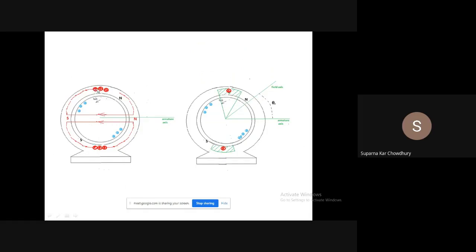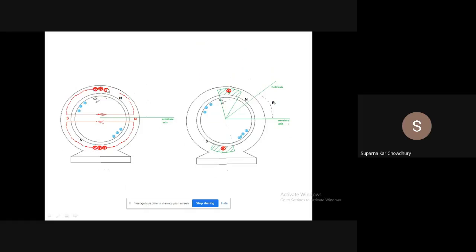Now, as we have seen, in the armature it is not possible to concentrate the conductors in one slot. So instead of concentrating all the conductors in one slot, the same number of conductors are distributed in subsequent slots like this.